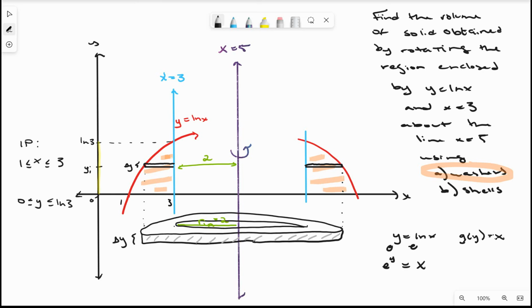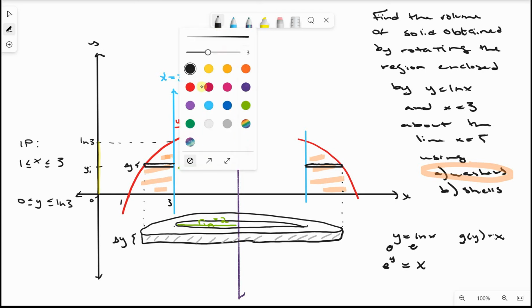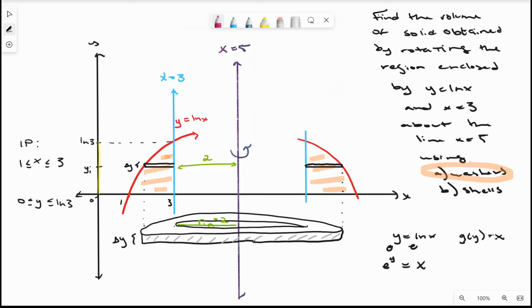Okay, so now we want to find the outer radius. So our outer radius, just on the washer down here, is this here, right? That's our outer, right? And so that's going to correspond to this distance here, right?